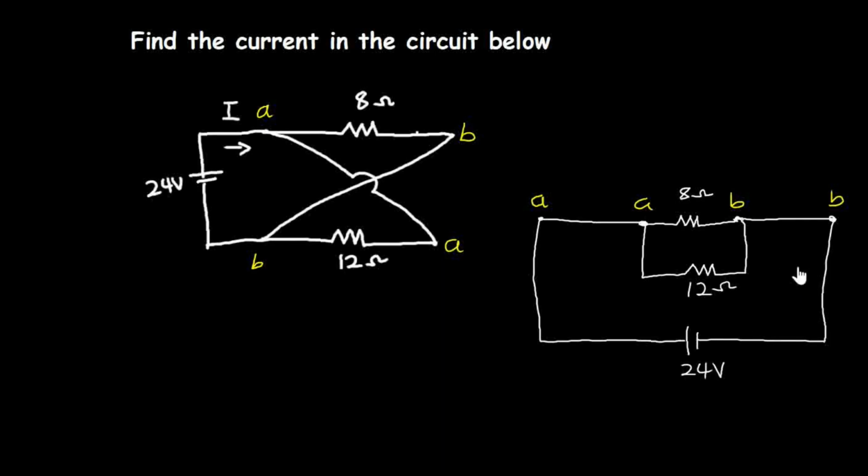So this is the new circuit that you have drawn here; it is the same circuit drawn this way. When you look at this circuit, you can tell that the 8 ohms and the 12 ohms resistors are in a parallel connection. So now you can calculate the effective resistance easily.